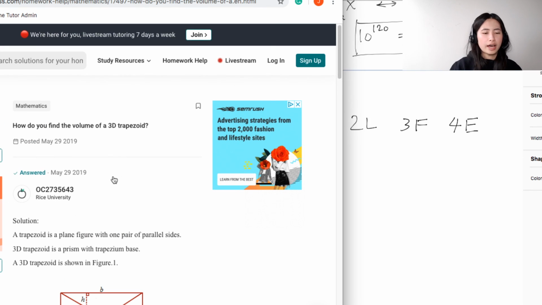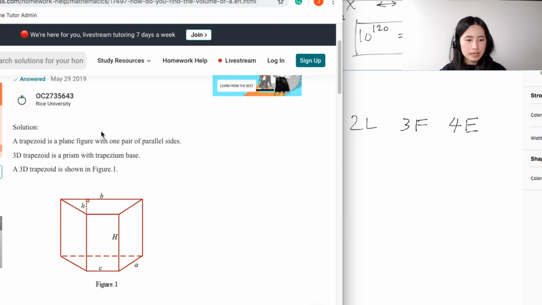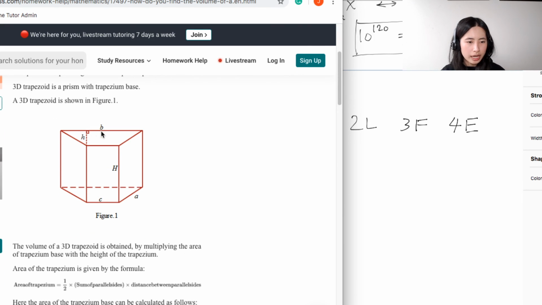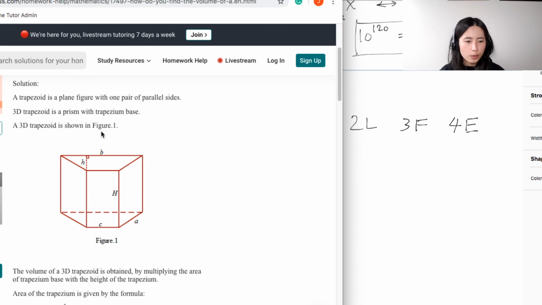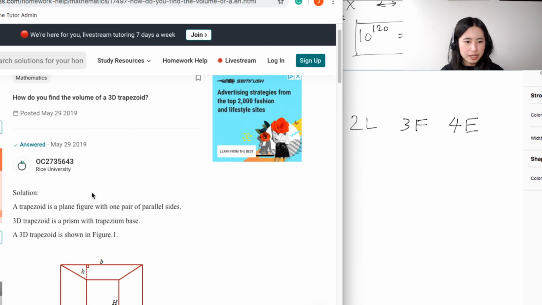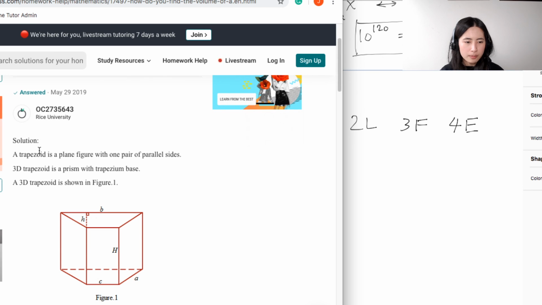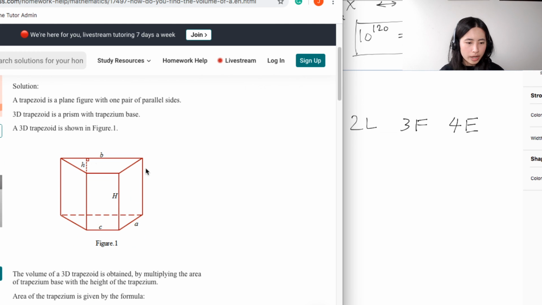Okay, so we need to find the volume of a 3D trapezoid. Okay, so let's try to look at what they have here. So this is a trapezoid that they will be looking at. And it says a trapezoid is a plane figure with one pair of parallel sides. That's right. So the parallel sides would be the legs, right? So this is this leg and this leg, right? So we know that just by looking at the trapezoid, your base is a trapezoid, right?